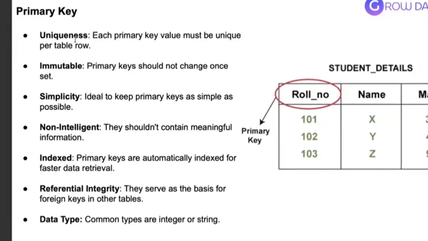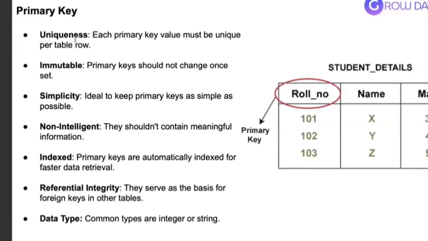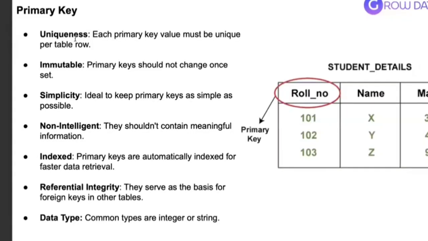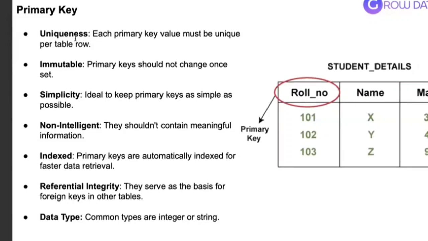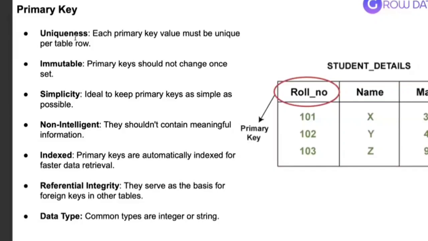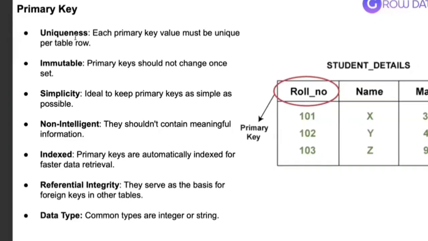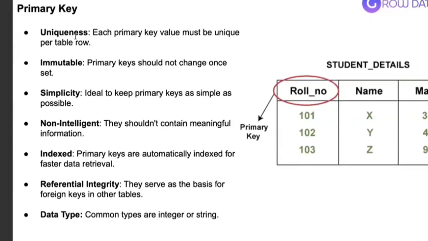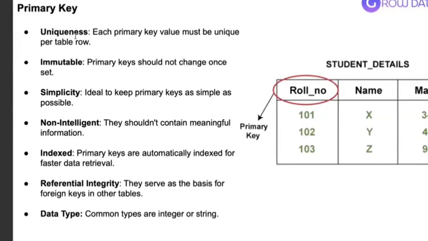For simplicity, put it this way: if there is any column in the table which helps you to uniquely identify a record, meaning that column contains values that are different for every individual row in the table, that column is something we can consider as the primary key.